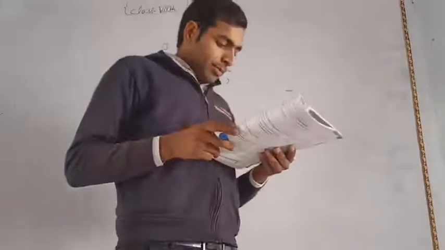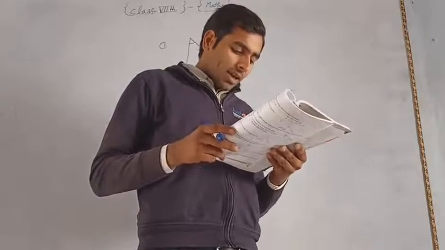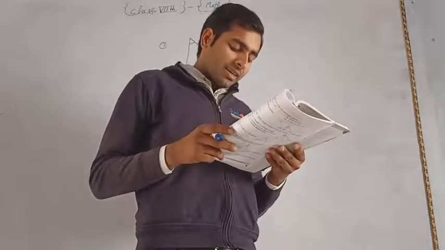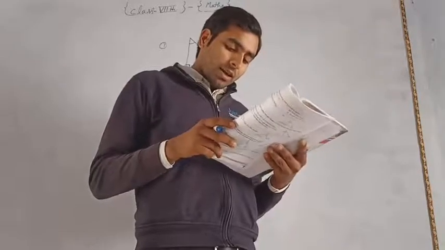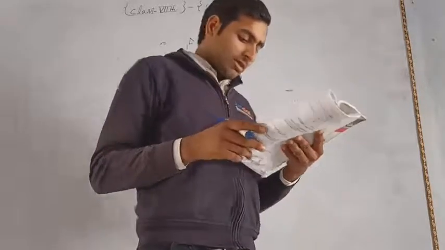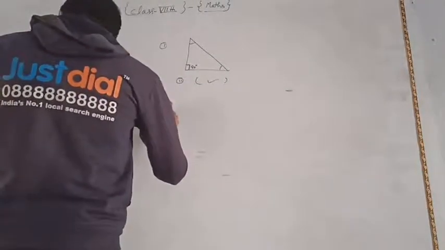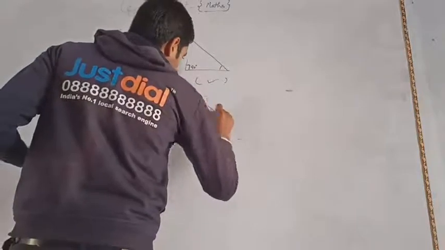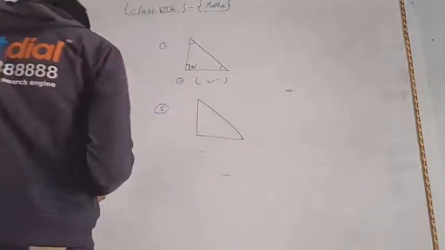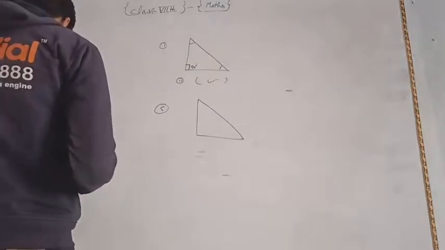Again, problem number 5: given that in a right angle triangle ABC, if angle B is equal to 90 degrees, BC is equal to 3 cm and AC is equal to 5 cm, then the length of side AB is. Suppose any triangle ABC, in which angle B is 90 degrees.